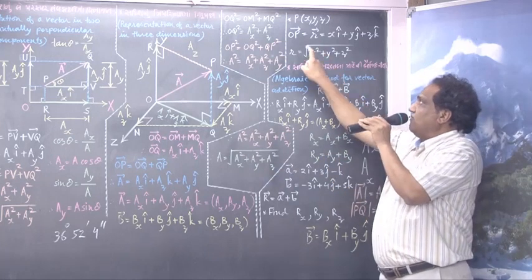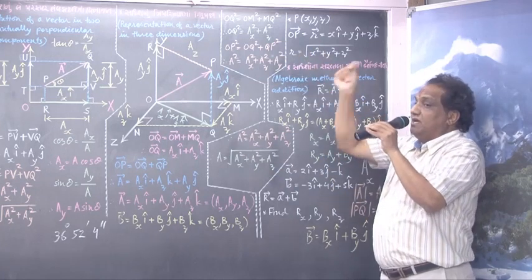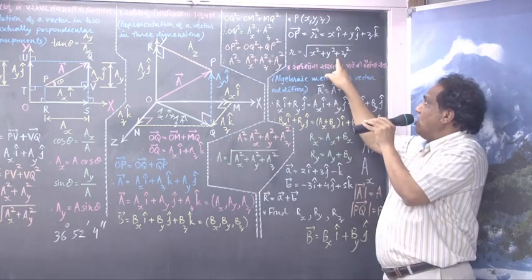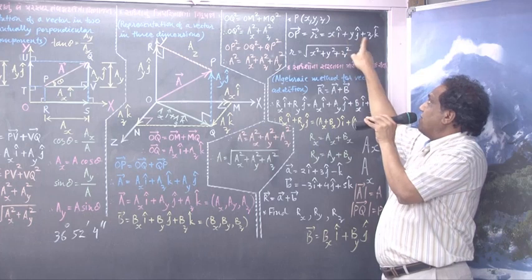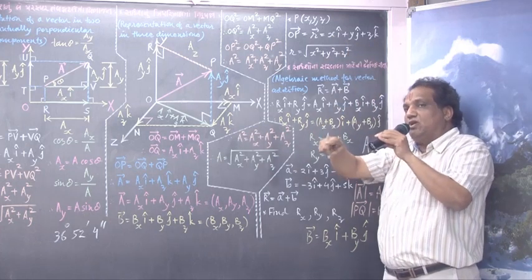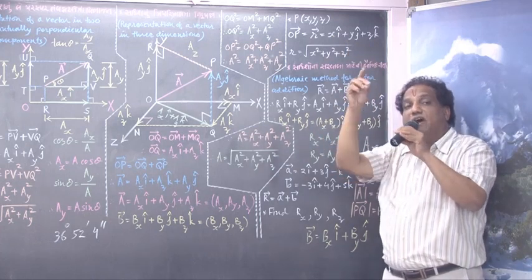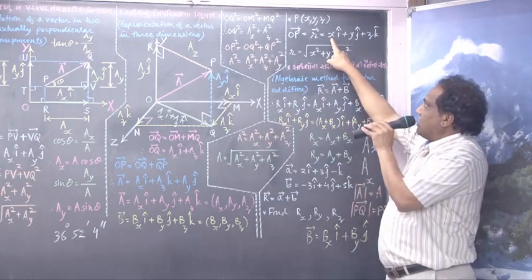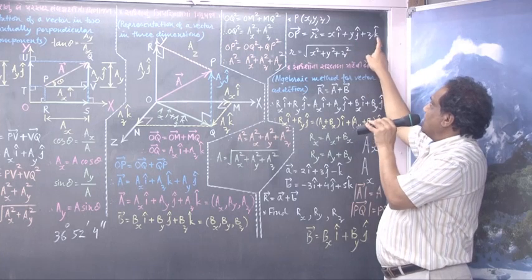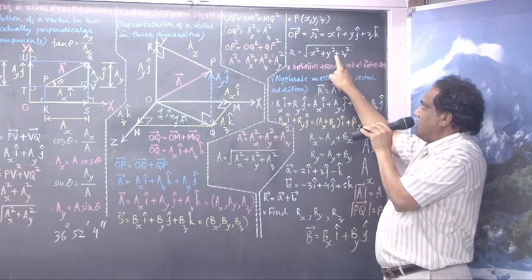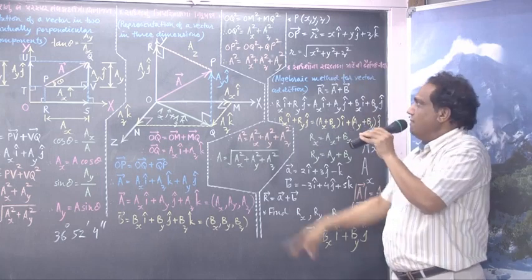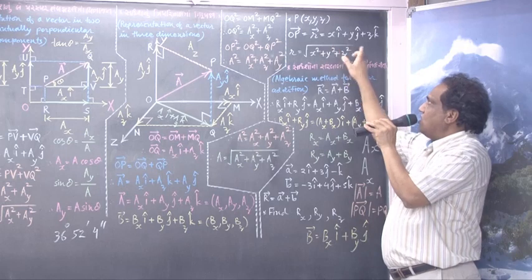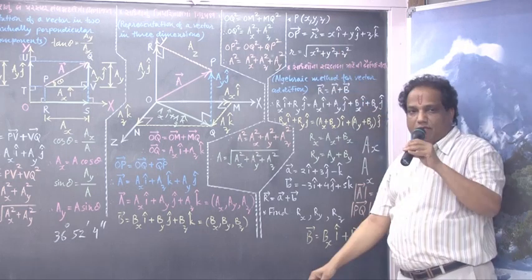And you know the magnitude of any vector is always equal to the square root of the summation of squares of its mutually perpendicular components. Mutually perpendicular components are always the coefficients of I hat, j hat, k hat. Coefficient of I hat is x, coefficient of j hat is y, coefficient of k hat is z: their squares, their addition, and its square root.